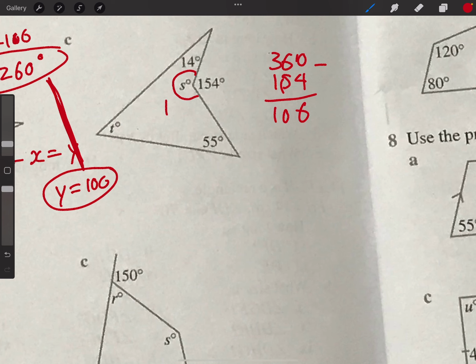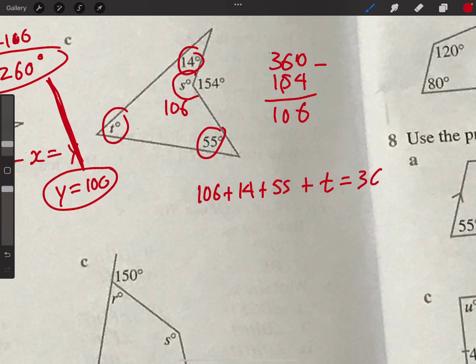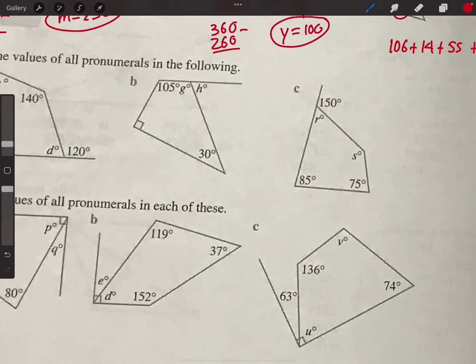S is equal to 206. 206 plus these three angles must give you 360. So we can work out T now, right? You can say 206 plus 14 plus 55 plus angle T is equal to 360. So there's only one number there. You have to work it out. I'll leave that to you.